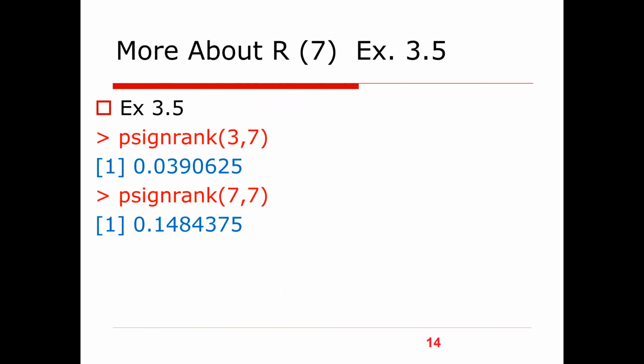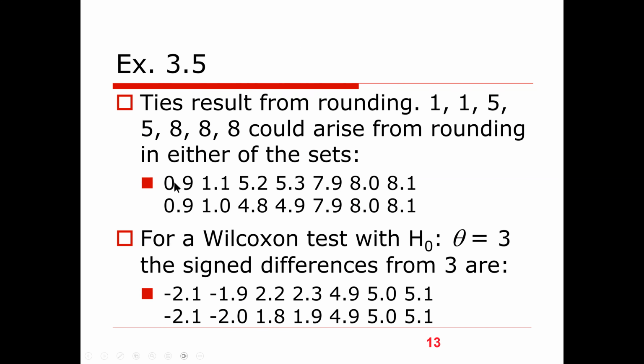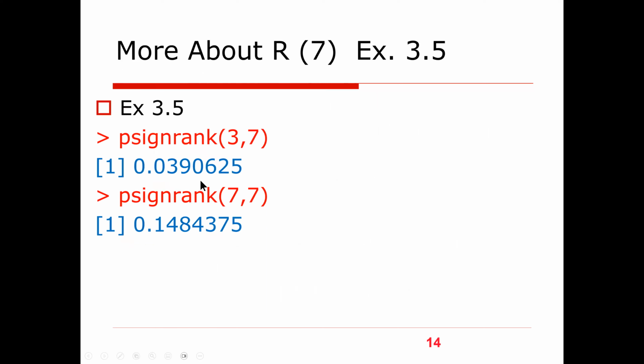So for this example, if we use psignrank for both of these two original data sets, because their S plus is different, we will get different p-values for them.